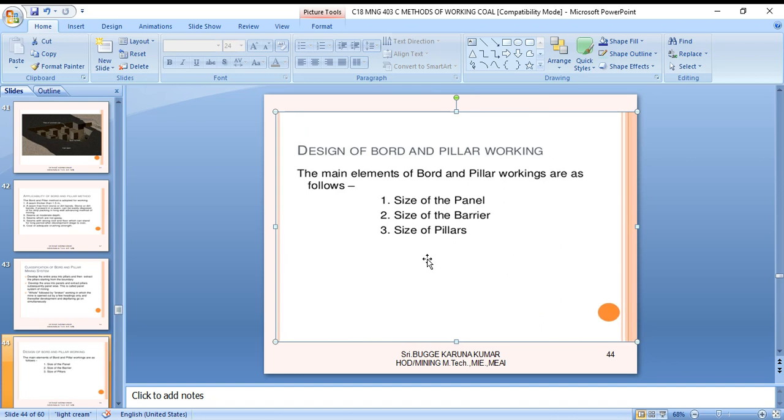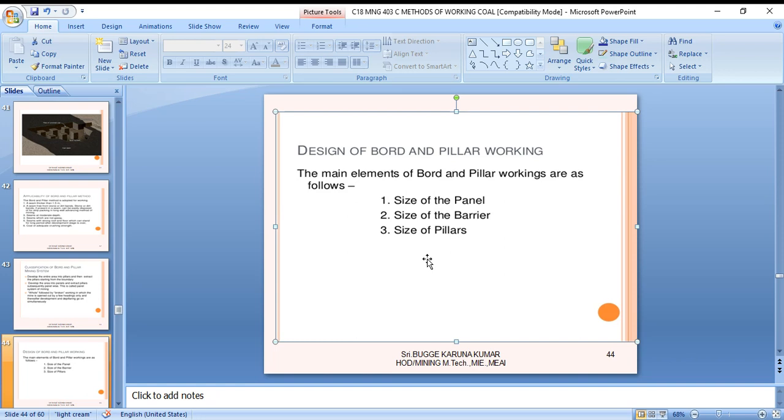Design of board and pillar workings. The main elements of board and pillar workings are as follows: size of the panel, which is very important, size of the barrier, and size of the pillars. First you have to decide how many pillars are in the panel, how much size is required, and also the barrier pillar to protect against any fire accidents, how much strength it will have, as well as the size of the pillar, whether 40 by 40, 40 by 60 or 20 by 40.